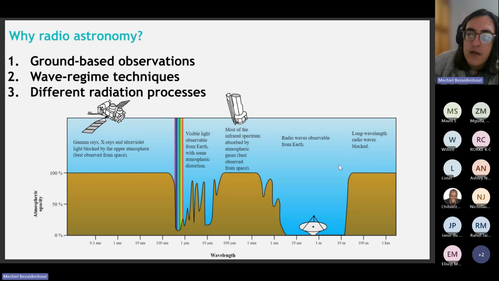Another important fact about detection is that we can manipulate radio waves. So we can bounce them off of a metal dish and focus them onto a receiver. That's how a typical radio dish works. Whereas with X-rays and gamma rays and the like, those photons just pass right through metal, right? So you have to devise a completely different detection strategy.